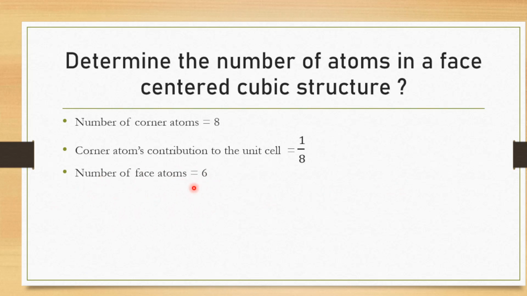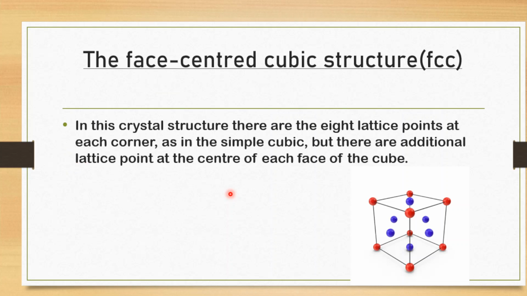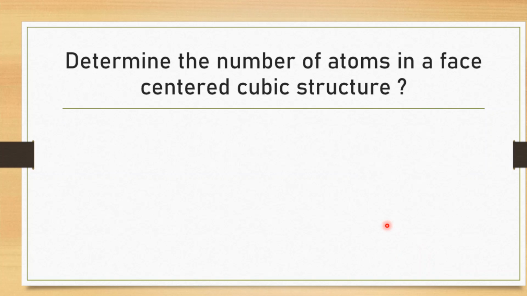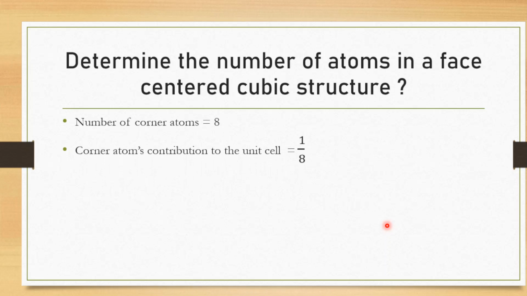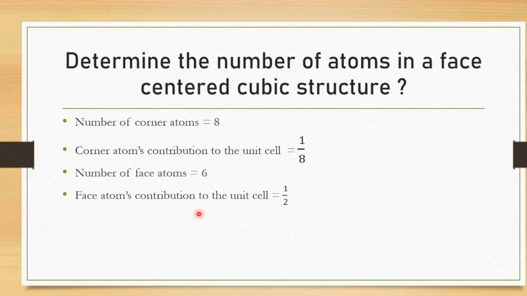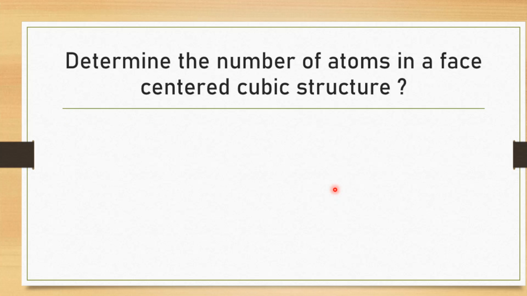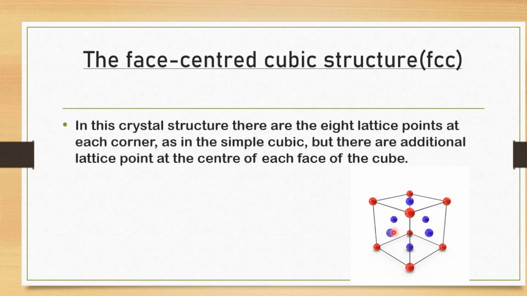Number of face atoms. Again, 1, 2, 3, 4, 5, 6. Face atoms contribution to the unit cell equals 1 by 2 or half. This face atom is shared by 2 cells.